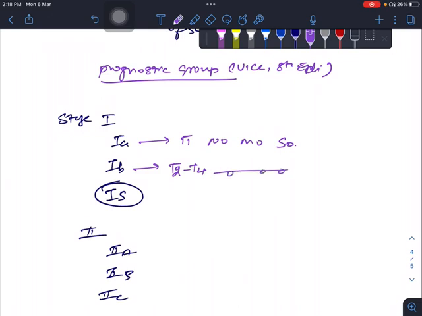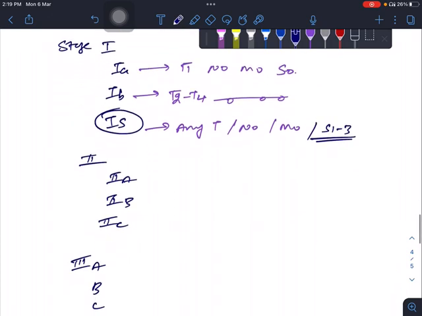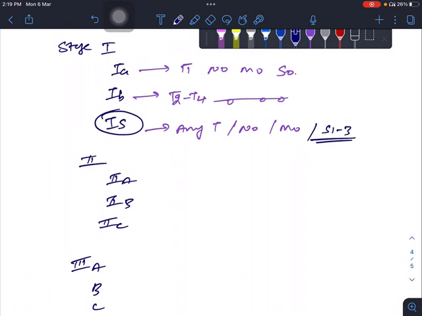And 1S means any T stage, N0, M0, but tumor markers are elevated here. So this is the tumor marker group of the 1S. So only tumor markers are increased and any T stage.